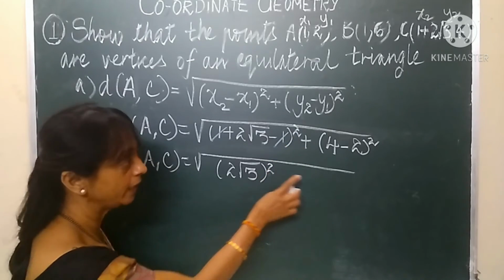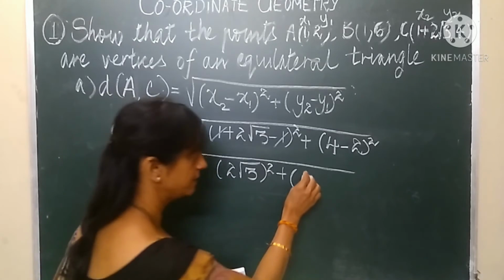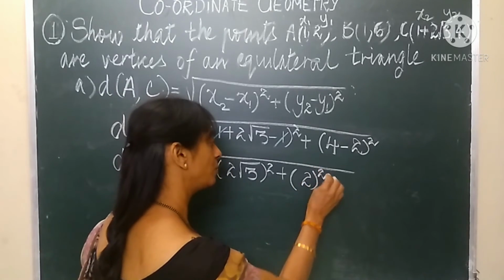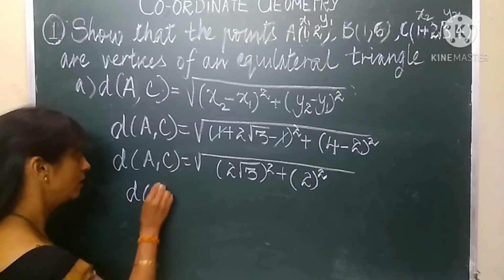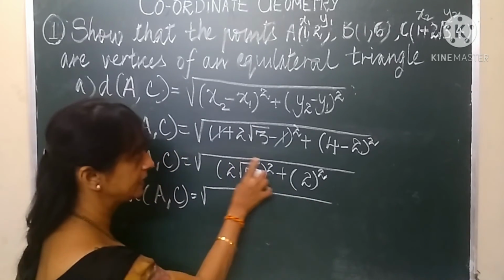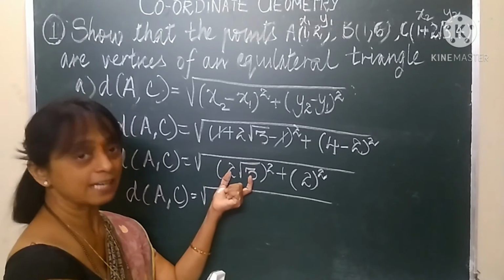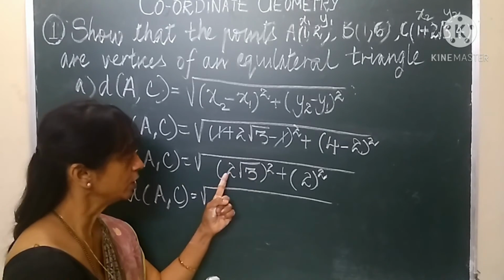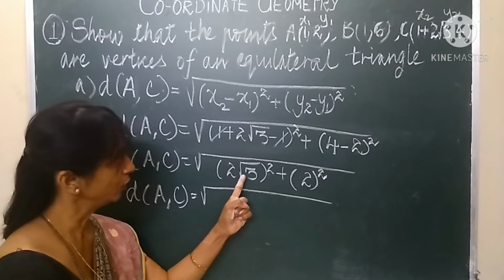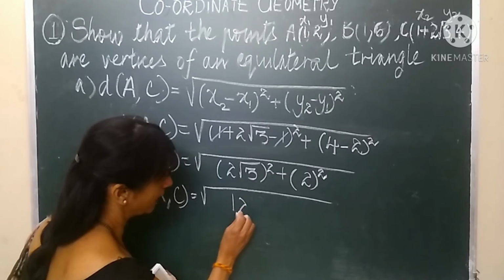Let's not forget the square. Plus, inside the bracket, 4 minus 2 gives us 2 the whole square. Let's solve it. As we have already done, children, 2 root 3 into 2 root 3 gives us 12. How did we get 12? 2 squared is 4, root 3 squared is 3, so 4 into 3 gives us 12.